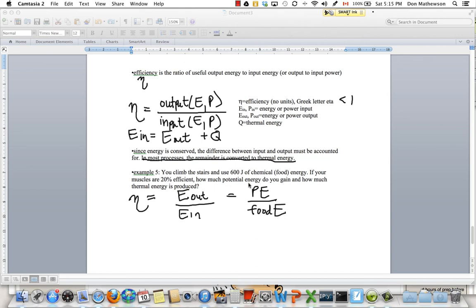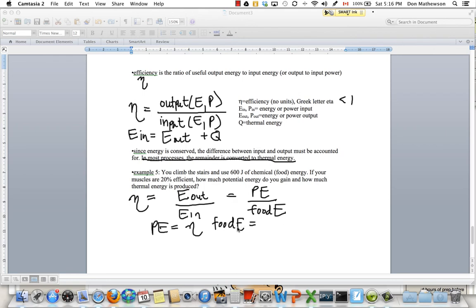In this problem, we're given the food energy as 600 joules, and we're given the efficiency. We're asked for the potential energy. To solve for potential energy, we just rearrange that formula: it'll be the efficiency multiplied by the food energy.